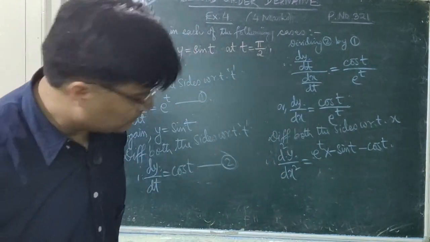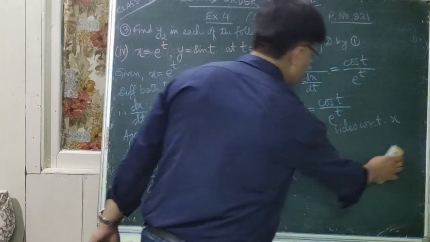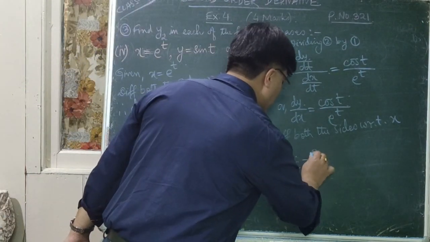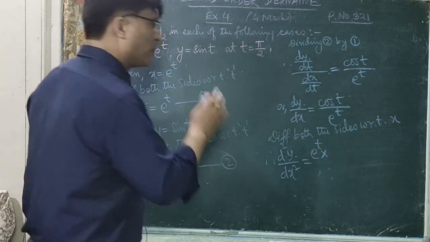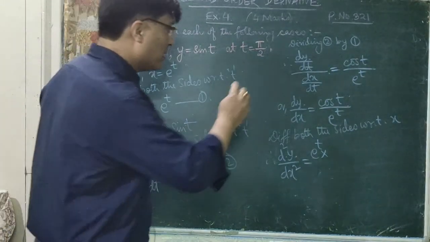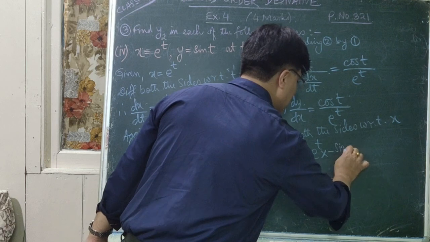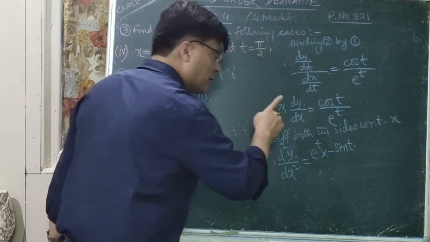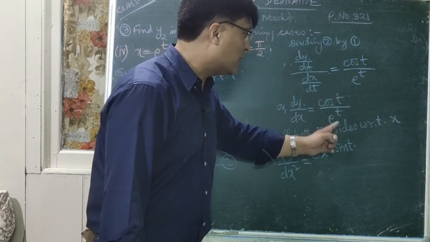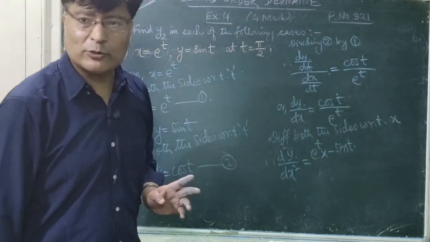Sorry, this one is wrong, because we are differentiating both the sides with respect to x, isn't it? So what we will do here is e to the power t is kept as it is into, now cos t is differentiated with respect to x, okay? That is your minus sine t into, again you have to differentiate t with respect to x, because it is in terms of t, but we are differentiating both the sides with respect to x.